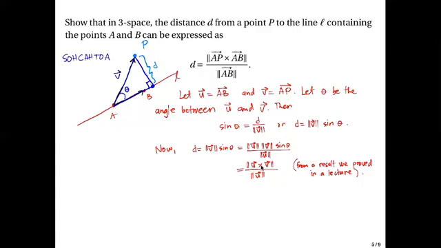Now, we are talking about norms, so we can interchange the two factors here. But anyway, we'll just have the norm of AB cross AP divided by the norm of AB.